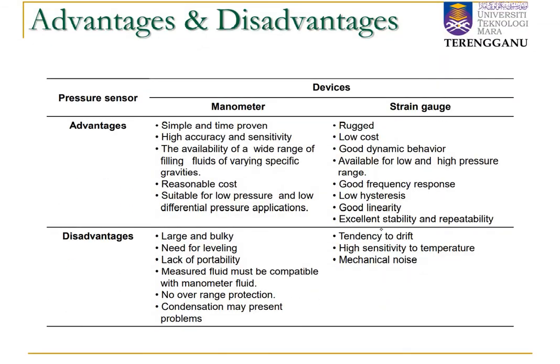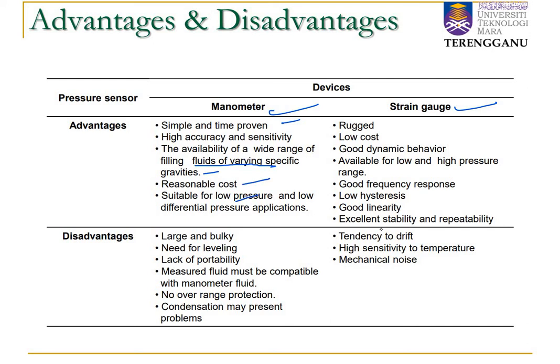So the advantages and disadvantages of these two types of measuring device, which are manometer and strain gauge. Basically we know, right, manometer is simple, has availability of a wide range of filling fluids, varying specific gravity, reasonable cost, suitable for low pressure.